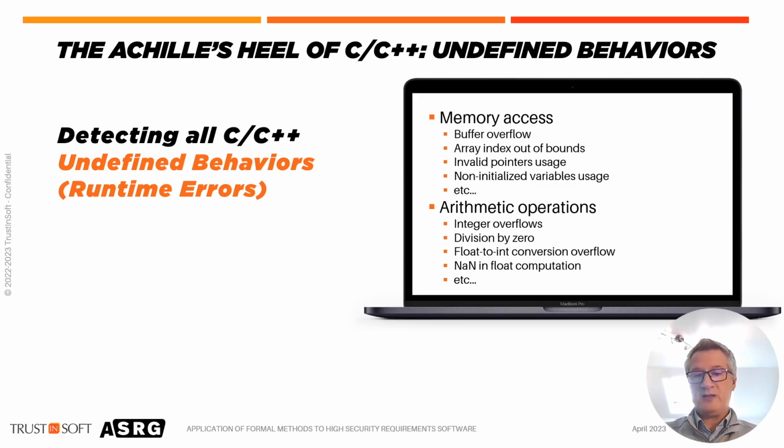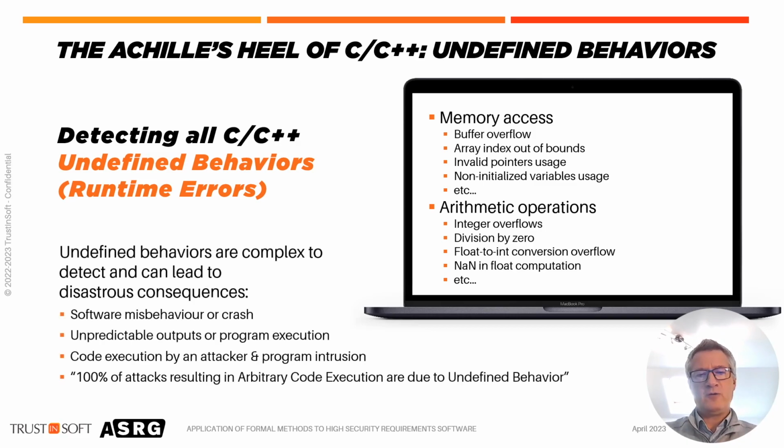And if you want to make technical proof, it means proving not just a best effort detection, but proving the absence of such errors in your code. Why is this important? For several reasons. First of all, they can lead to disastrous consequences in your code: software misbehavior or crash, unpredictable outputs or unpredictable program execution.